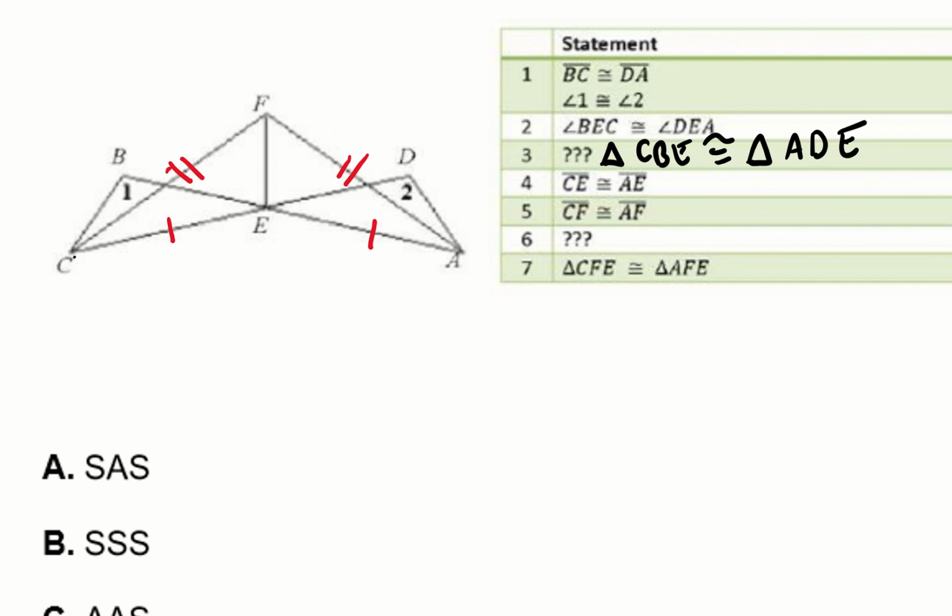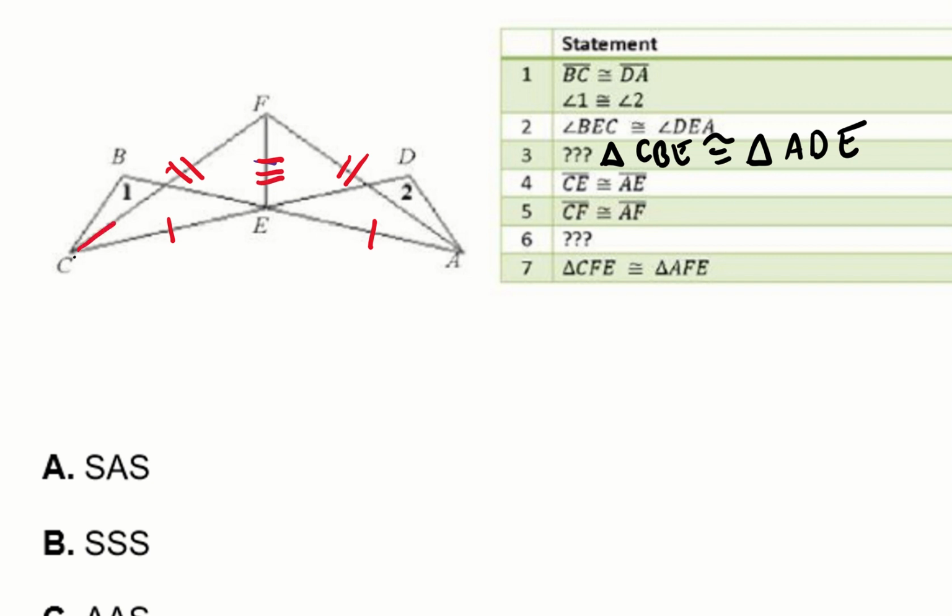All right, and we also know that this side here is congruent to itself because this triangle and this triangle are sharing this side here. And so that side is obviously equal to itself, and that's known as the reflexive property. So this side is congruent to itself, so we can just mark that with 3 tick marks.